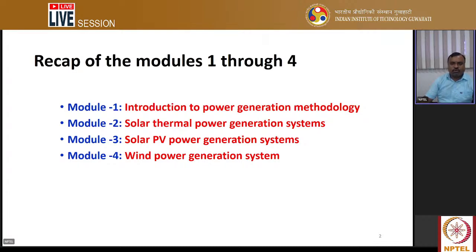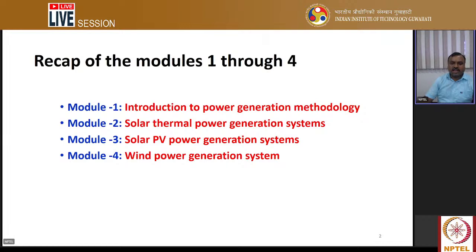And also we have solved a sufficient number of numerical problems to understand how a solar power plant is designed, irrespective of its type, like standalone and grid connected PV system.